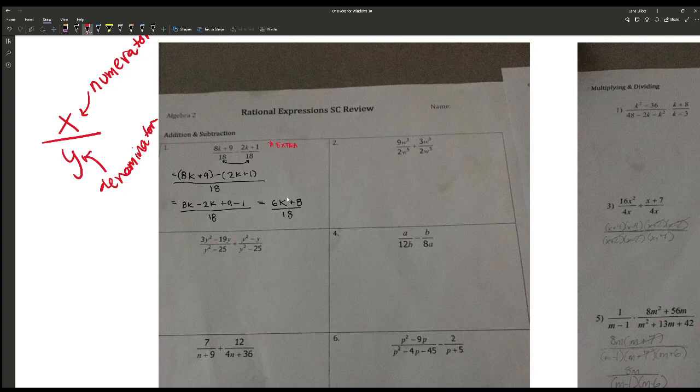Extra is since 6k plus 8 and 18 are both divisible by 2, you can factor out the 2. So you can do 2, and then you're going to do 6 divided by 2 is 3k, 8 divided by 2 is positive 4, and 18 divided by 2, you're going to factor it out on the bottom as well. 18 divided by 2 is 9.